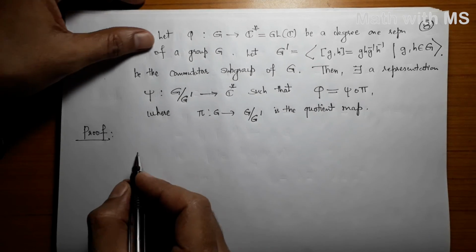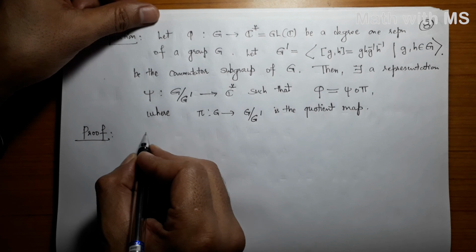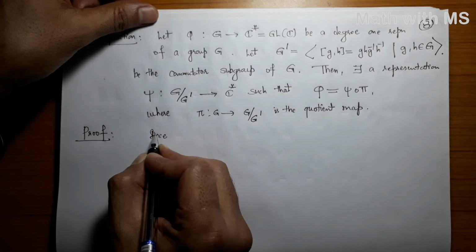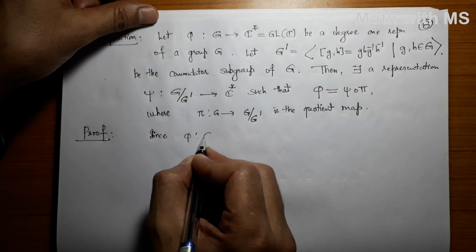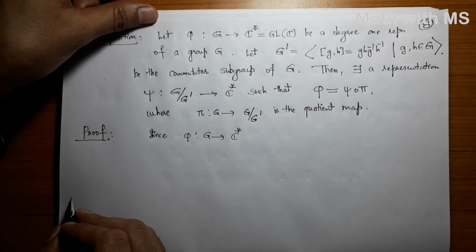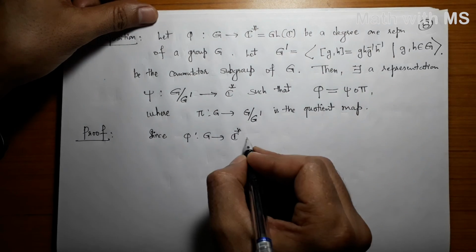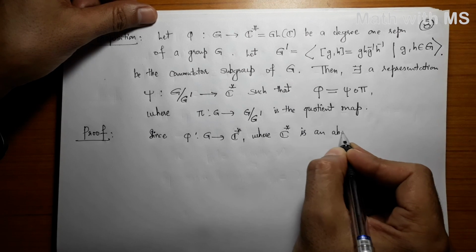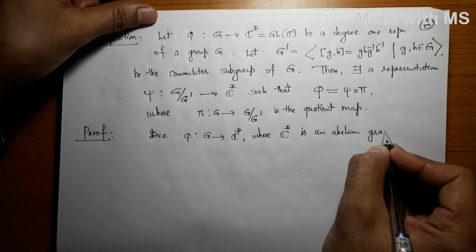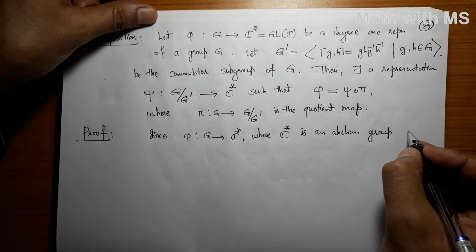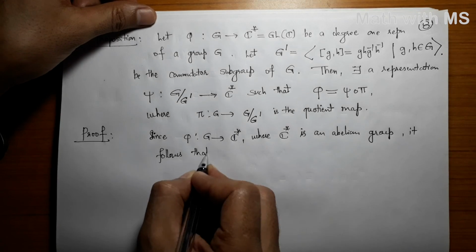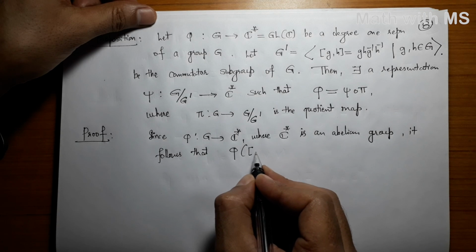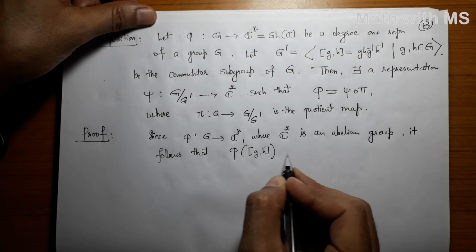All right, so let's prove this. Since phi is a map from G to C star, and C star is an abelian group, it follows that phi acting on any generator of the commutator subgroup, so phi applied on any commutator [g,h], what is this going to be?